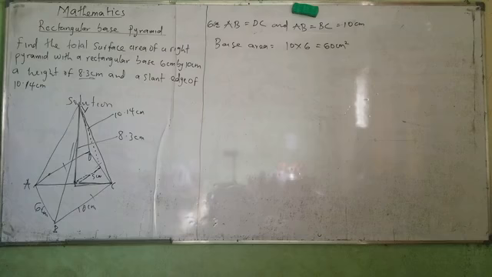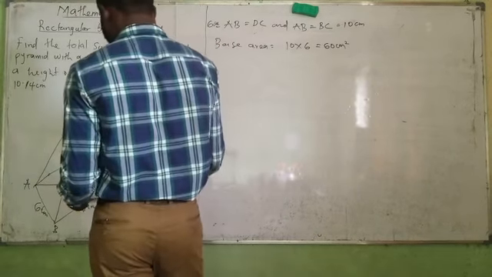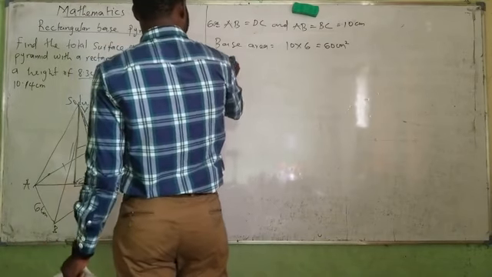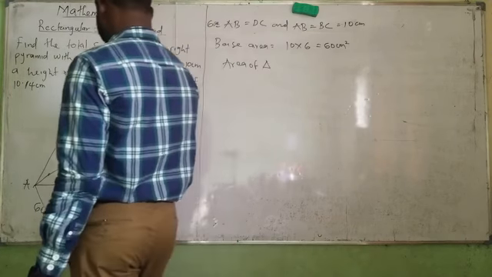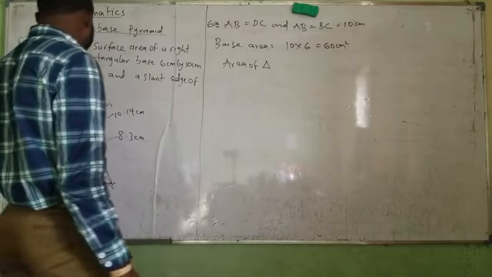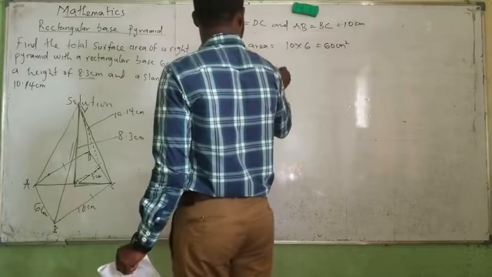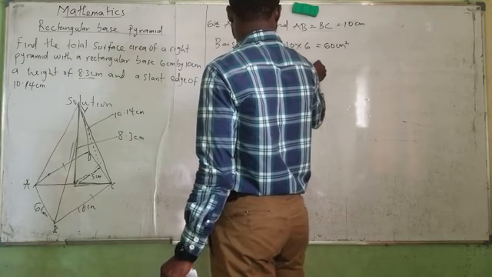Now, what I will do is look for the area of this triangle, which is half base times height.